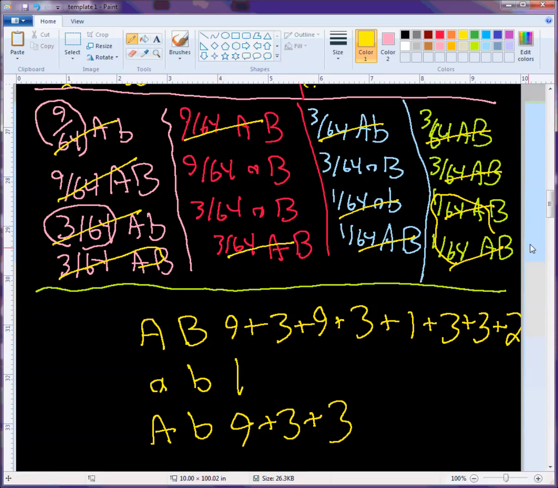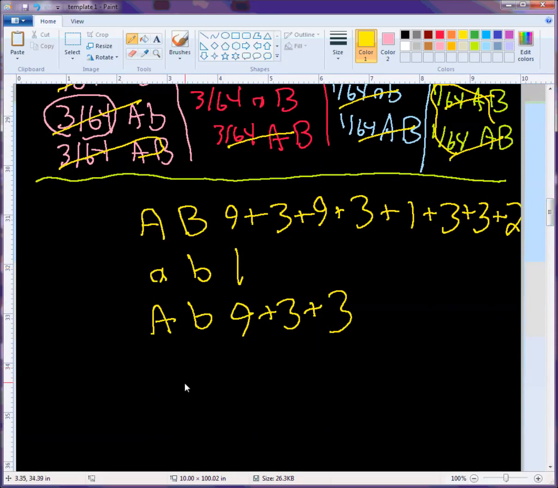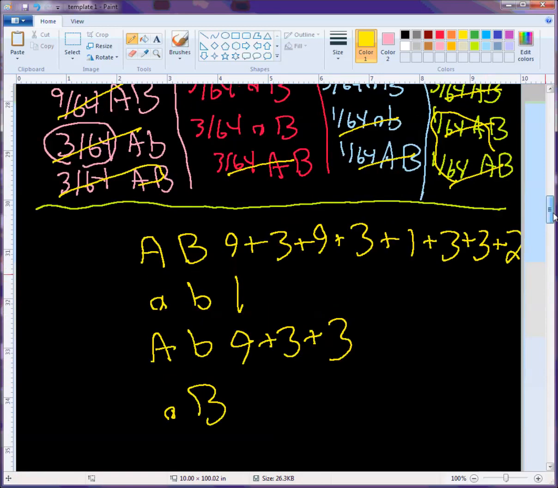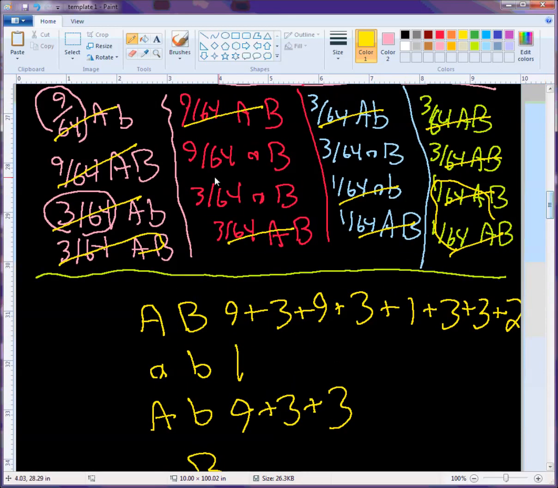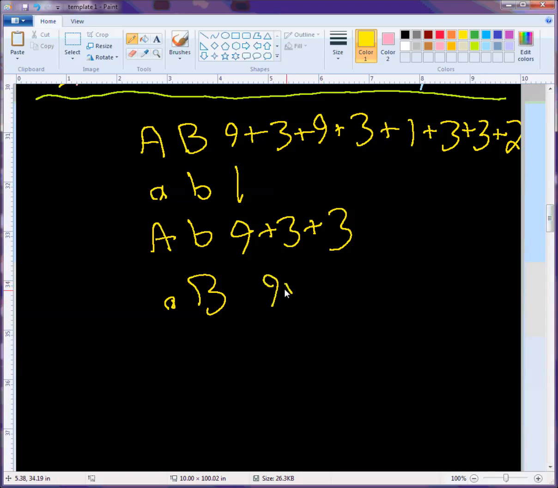And now let's find the last one, little a and big B. We have a 9 here, and 3 here, and 3 here. So 9 plus 3 plus 3.